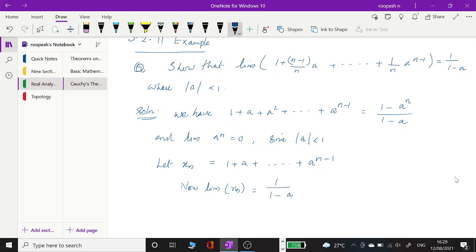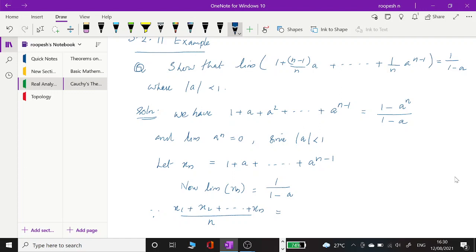What's the reason? When you take the limit as n tends to infinity, you get an infinite series, and the sum of the infinite series, as you have studied, is 1 by 1 minus a. Therefore, what you're getting is the sequence x1 plus x2 plus etc plus xn by n. We want to find what this sequence is.